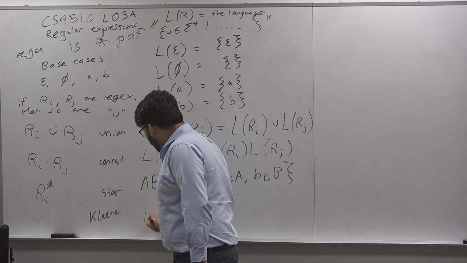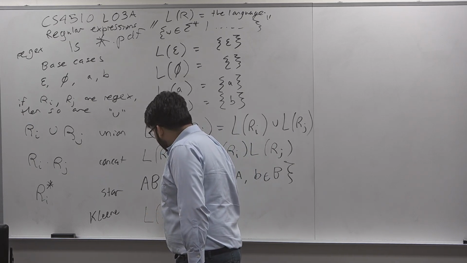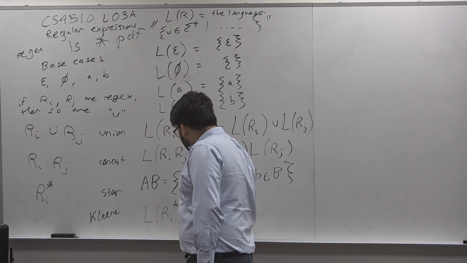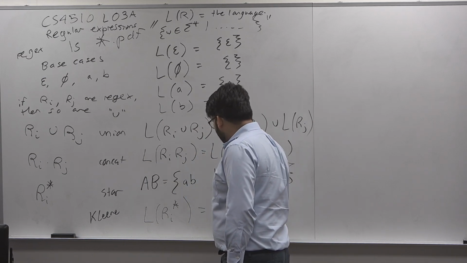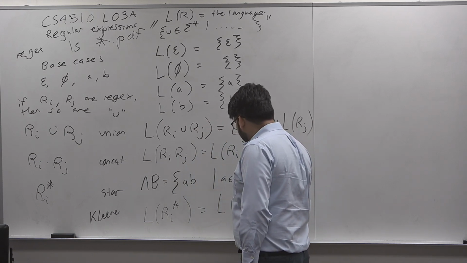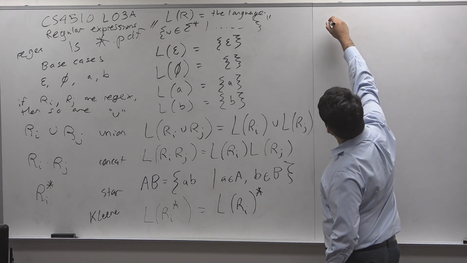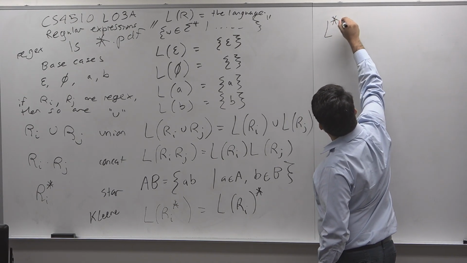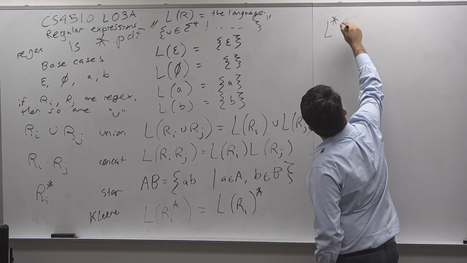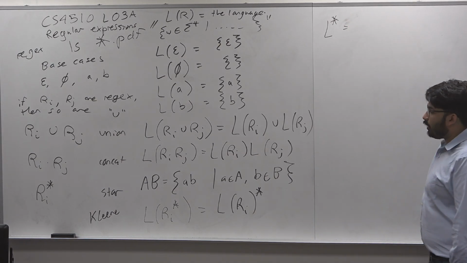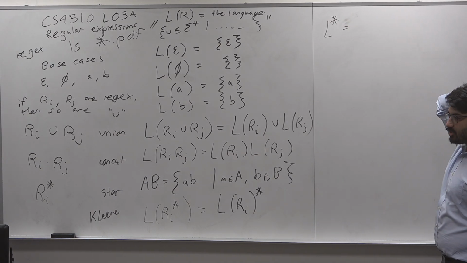And then finally, L of Ri star is going to be the Kleene star of L of Ri. Now, what is the star of a language? This amounts to zero or more copies of the language concatenated with itself.